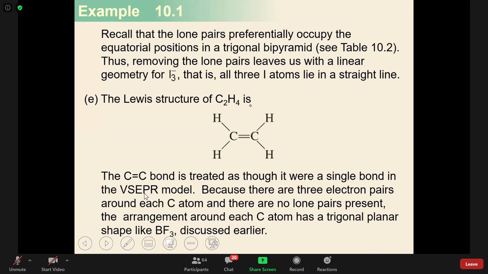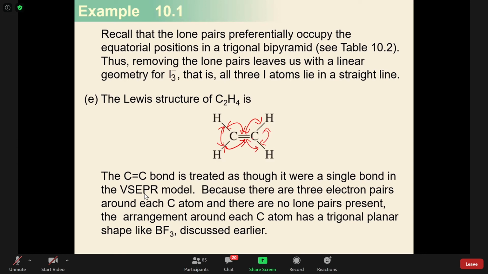Now, this is another example. We're dealing with a double bond here, but we're going to treat it like a single bond. Also notice this is C2H4, so we have different bond angles to consider. It's almost like we have two central atoms, if that makes any sense.